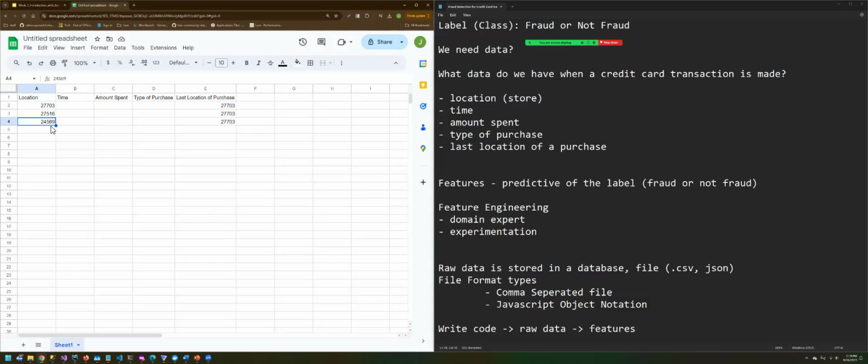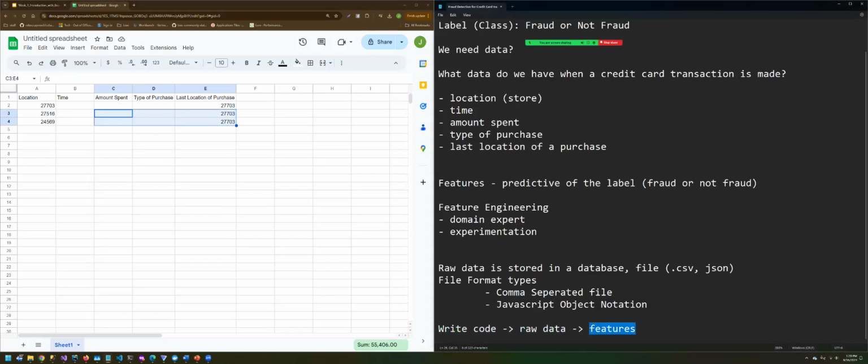So that may be able to tell you something. It may not be able to, right? But basically, you would have the data in some tabular format like this, and this is read from the raw data.